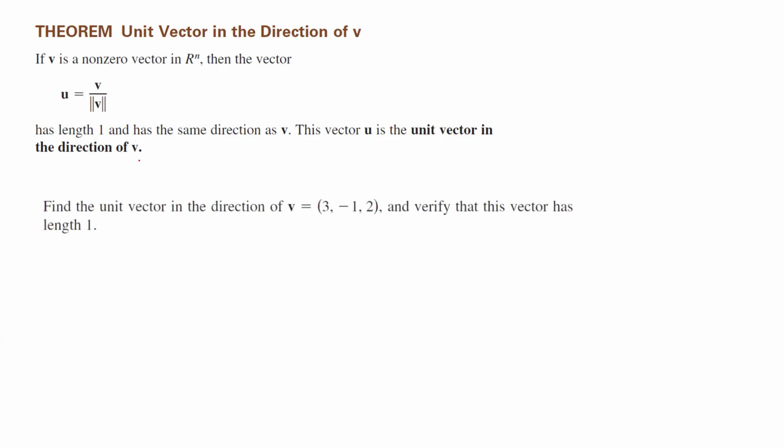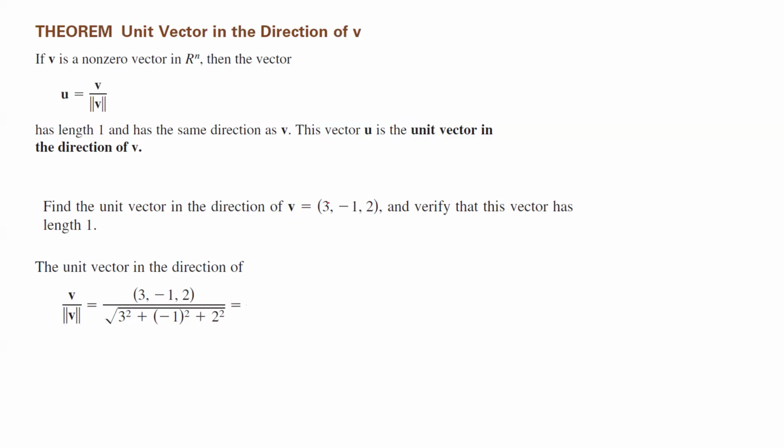For example, you have vector v: 3, -1, and 2. Verify that this vector has length 1 if you write it as the unit vector. So v divided by the magnitude of v is equal to, here you have 3, -1, and 2, which is your vector, divided by square root of 3 squared.